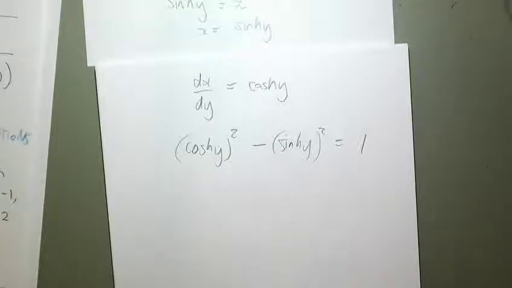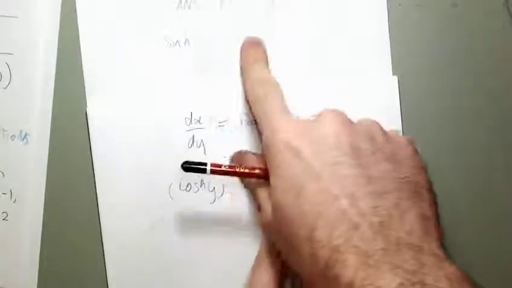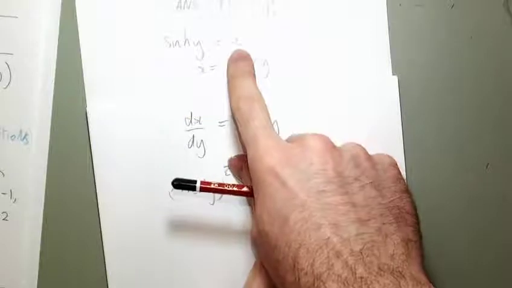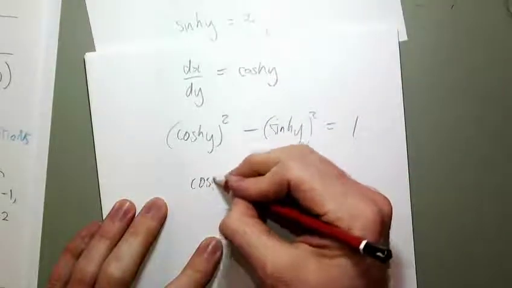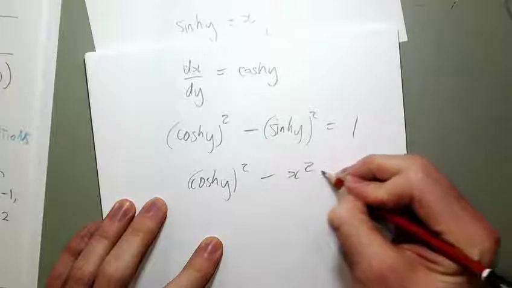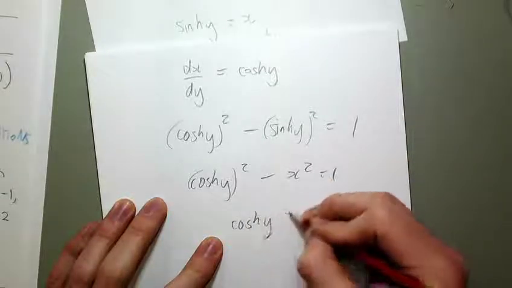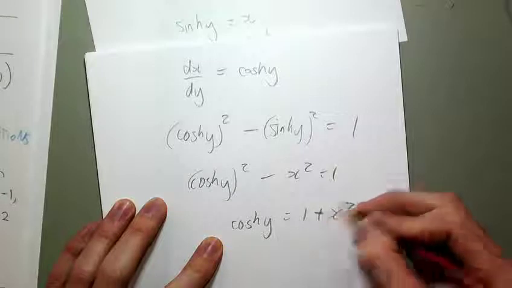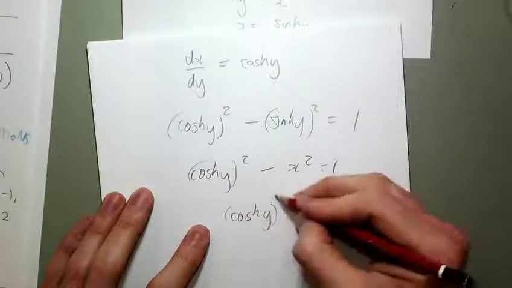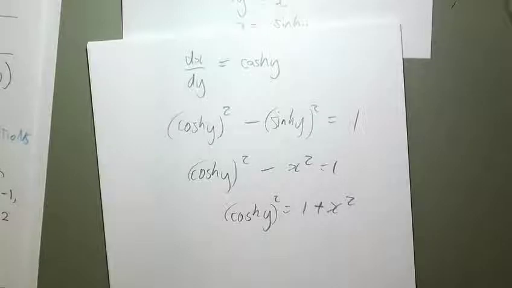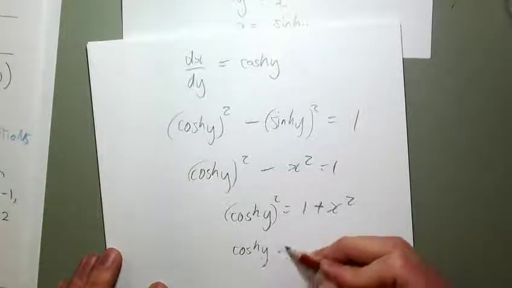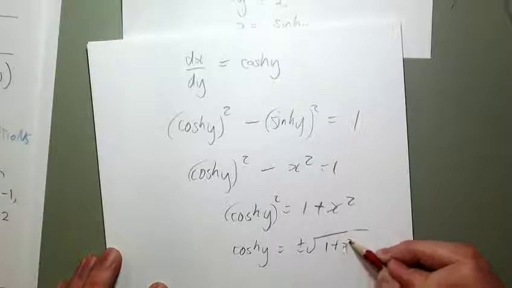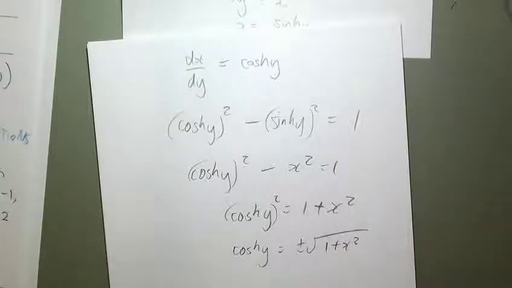And so cosh squared minus sinh squared is 1, and I know that sinh squared y is x squared, because sinh y is really x. So cosh squared y is 1 plus x squared, and then cosh y would be the square root, and it can't be both plus and minus, but we're in luck because cosh is always positive, so I don't have to worry about that.